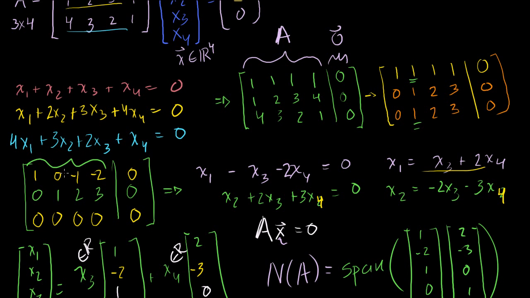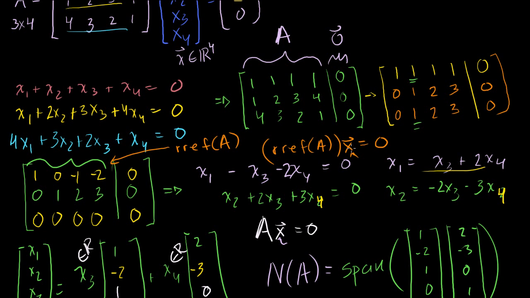That right there is the reduced row echelon form of A. And so this is a linear equation that's just trying to solve this problem: the reduced row echelon form of A times our vector x is equal to 0. So all the solutions to this are also the solutions to our original Ax is equal to 0.